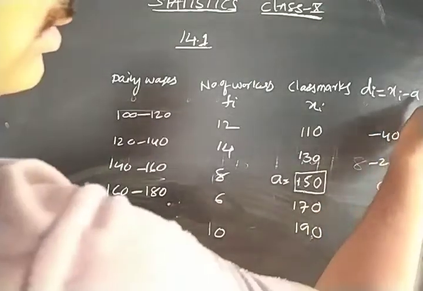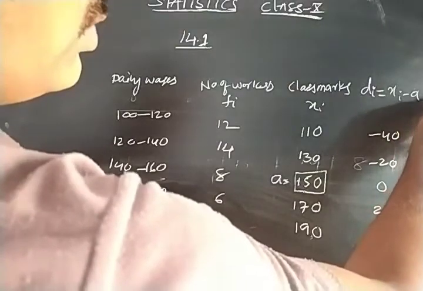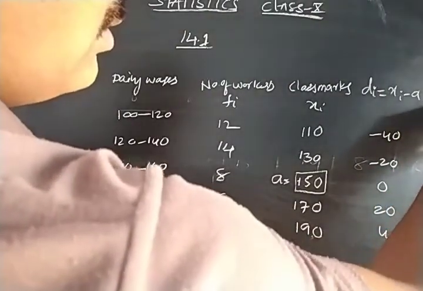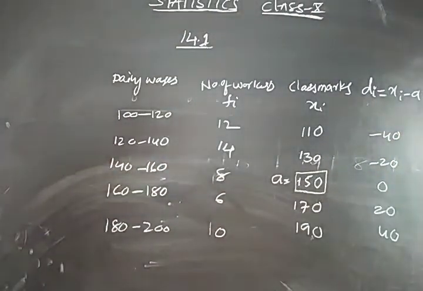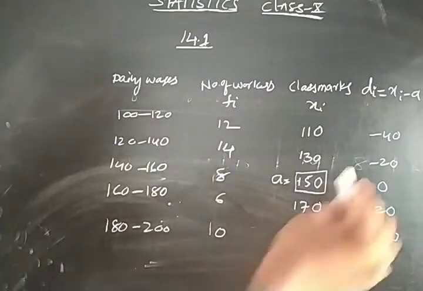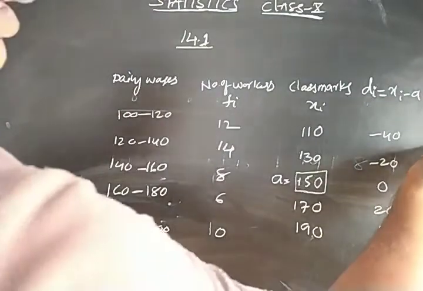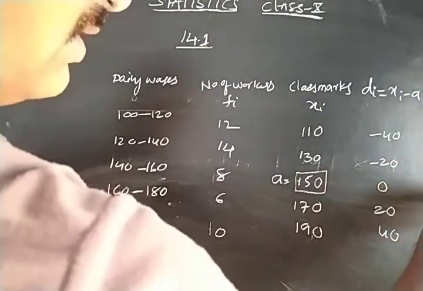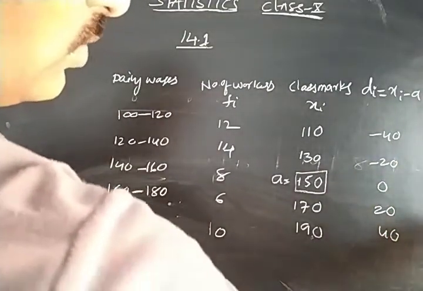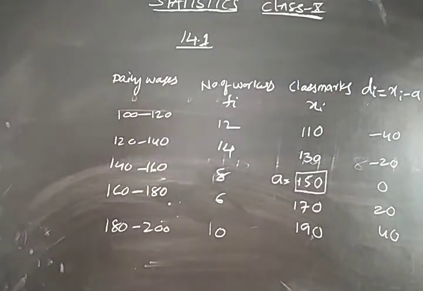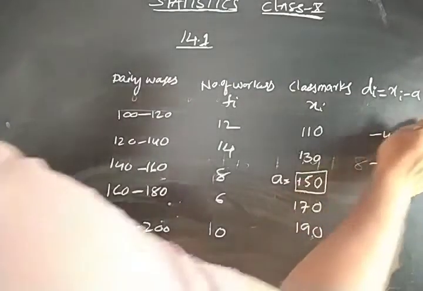I am choosing 20 as h. Then you will get Ui, where Ui equals Di by h, and h is 20. By dividing, we get minus 2, minus 1, 0, 1, 2.